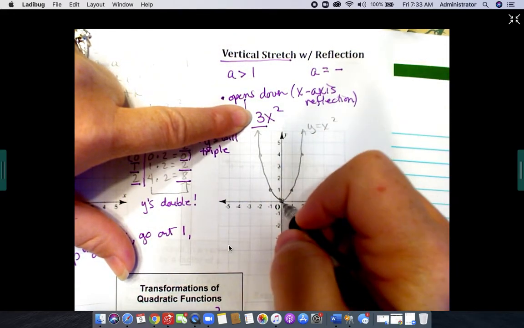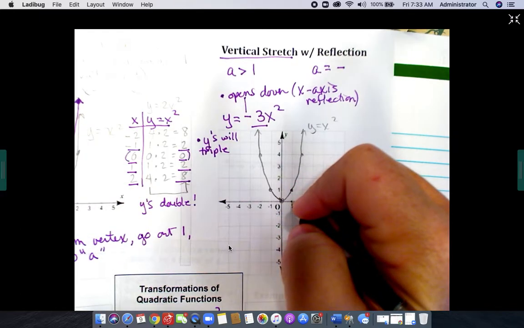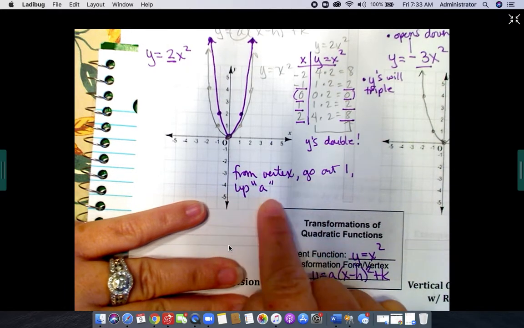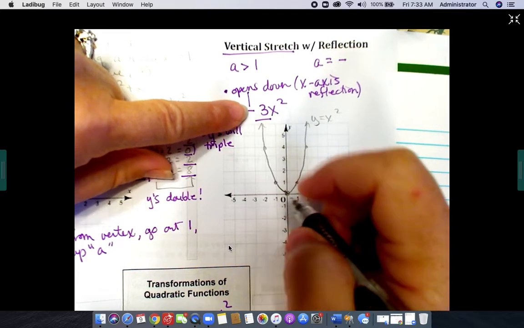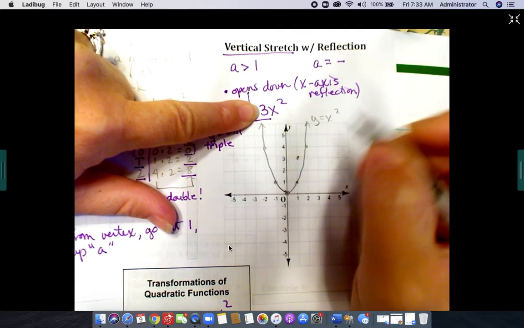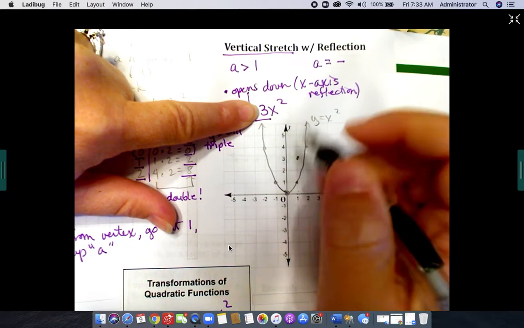So if I were to triple it, that means I would go out 1. Remember what I said, it's real easy. You're just going to go out 1 and then up a. When I say out, that means left and right. So now I'm tripling that y value. It was 1, now 1 times 3 is 3.